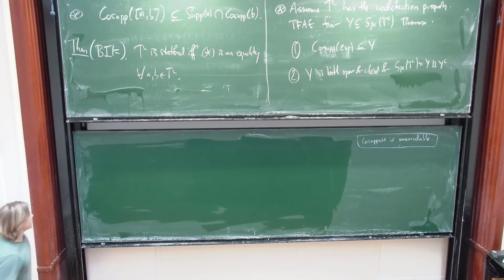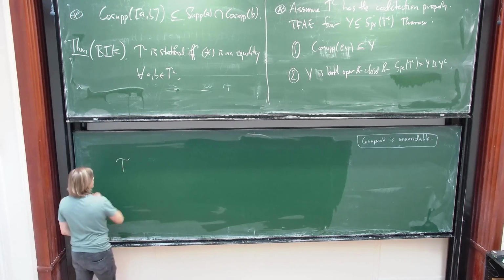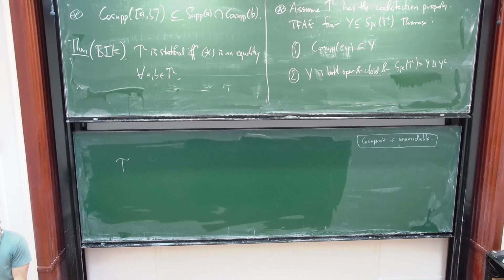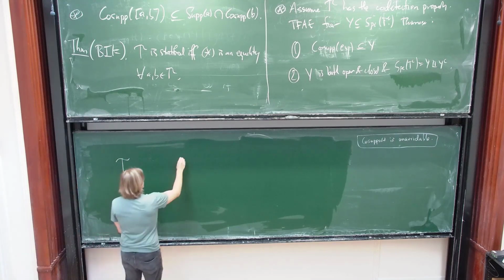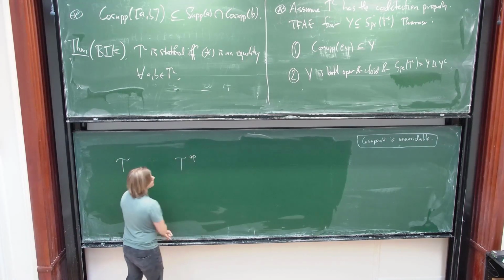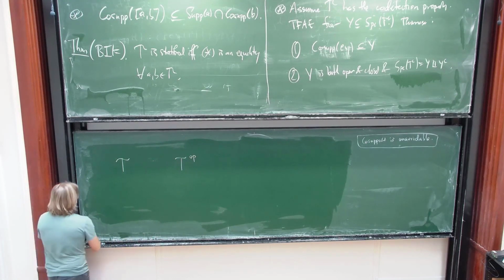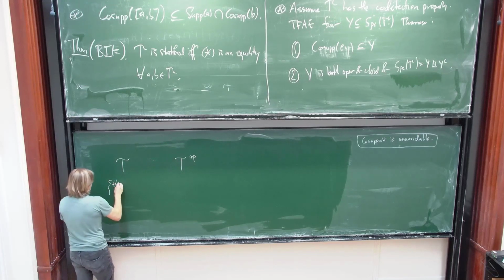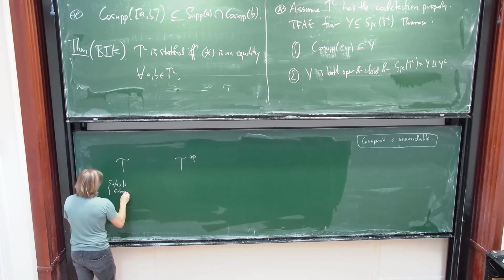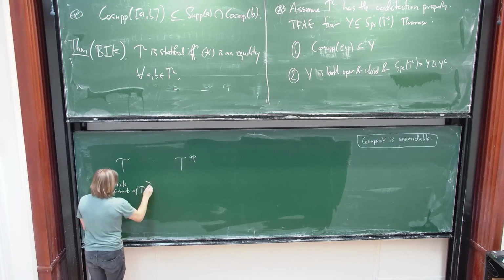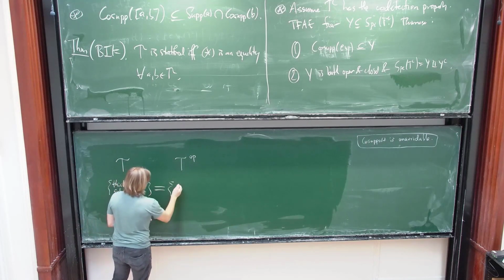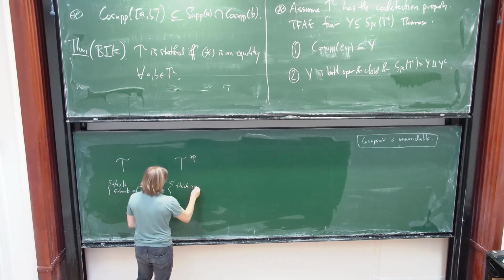And so, to do that, let's consider our original category T. And we can consider T-op. And T-op inherits a triangulated structure. It's a triangulated category. And the thick subcategories of T are exactly the same thing as the thick subcategories of T-op.